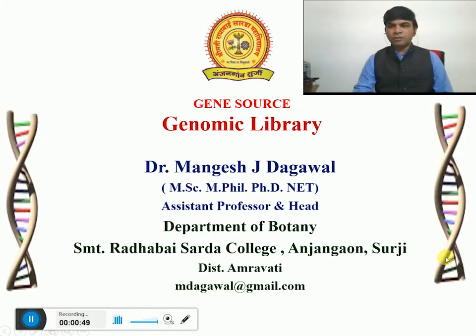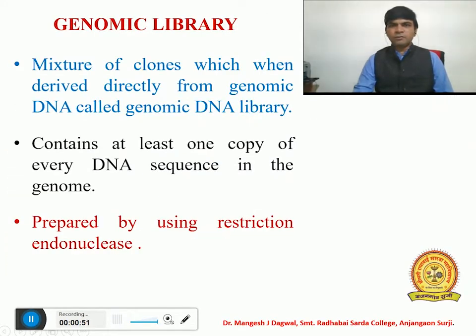Now this genomic library is nothing but a mixture of clones derived directly from the genomic DNA, called the genomic DNA library. This genomic DNA library must contain at least one copy of every DNA sequence in the genome.